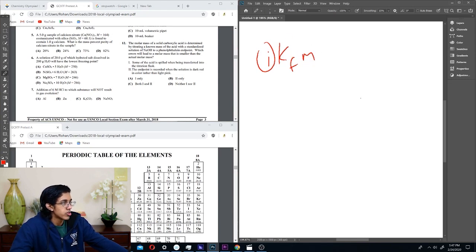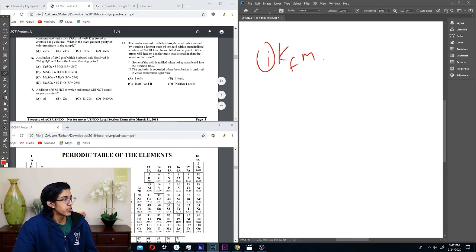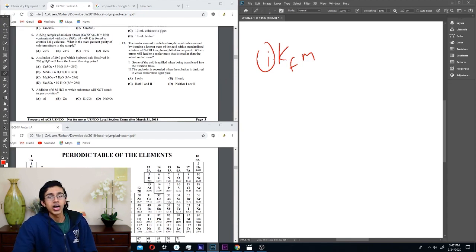So the molality is inversely proportional to the molar mass because it's basically moles over mass of solvent, and mass of solvent is constant. If you have more molar mass, you have fewer moles. If you have fewer moles in the numerator, then your m is going to be less. So if i is 2, then we want the lowest molar mass.